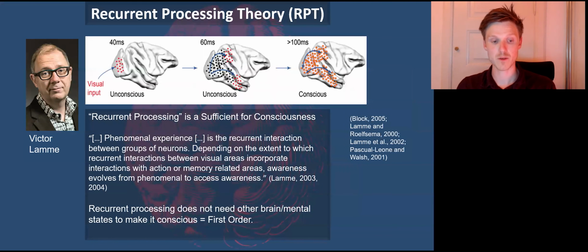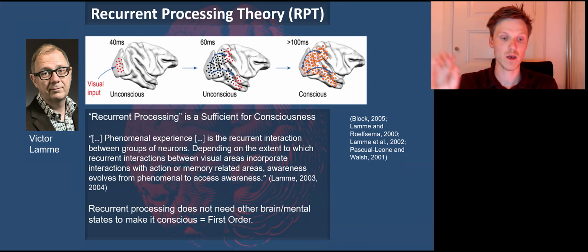So central to Lamme's proposal is that for a process to be conscious, it's correlated with a specific type of neuronal processing called recurrent processing. So recurrent processing is a type of cascade of neuronal activation that has been demonstrated. For example, if you perceive motion, then that visual stimulus will be processed in the early visual cortex, and it will move higher up in a feed-forward way up the visual processing hierarchy, as it's called.